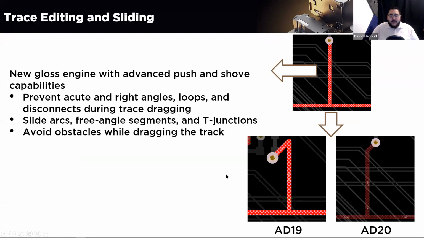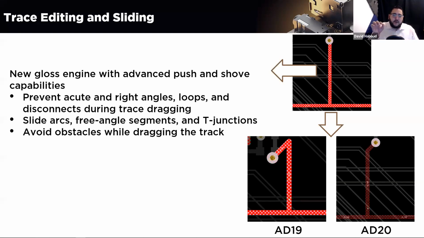Trace editing and sliding. I'm sure a lot of you have tried to move a T-junction before. As I mentioned, the glossing engine has been improved greatly. So now when you move things around, it's no longer going to disconnect different traces.